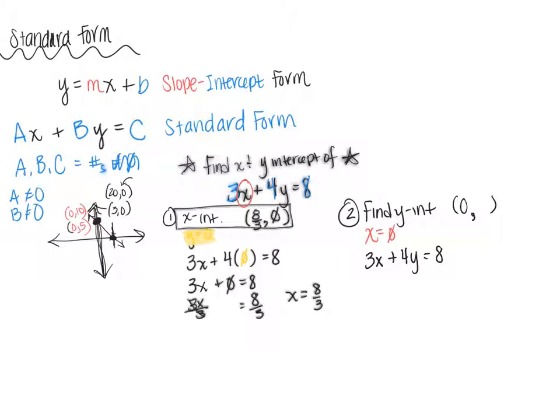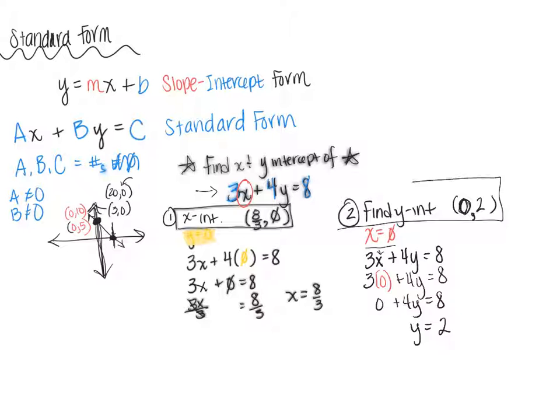So just to remind you, my y-intercept is when my x is 0 and my line crosses the y-axis. So I want to plug 0 in for x. So I'm going to take my equation back from up here, and I'm going to plug 0 in for x, and then solve for y. And I get 0 plus 4y equals 8, and y equals 2.